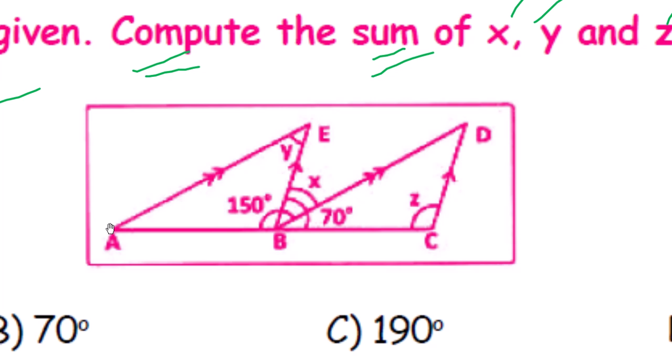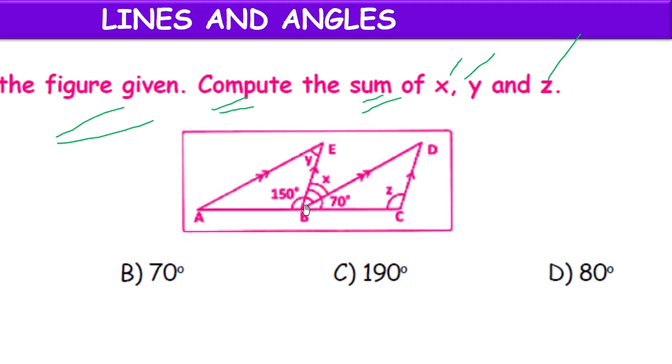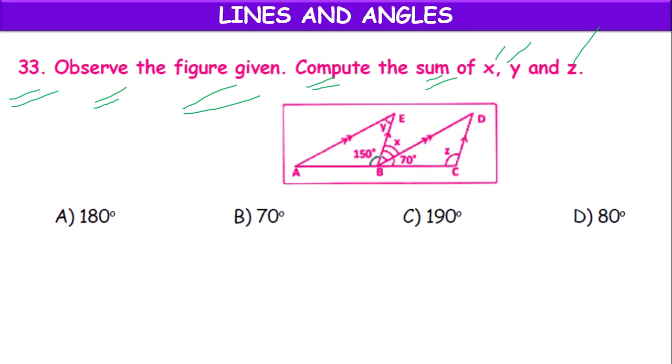If here angle 150 degrees is given, this total part 150, this total part 70, this single part X. This total part is 150. This single part is X. So then only this part will become 150 minus X.